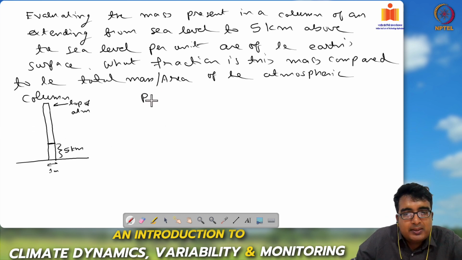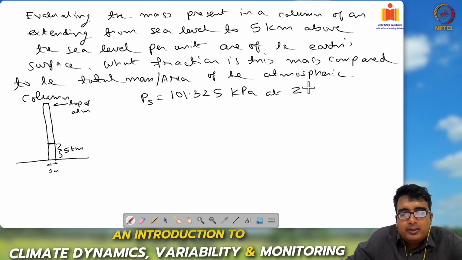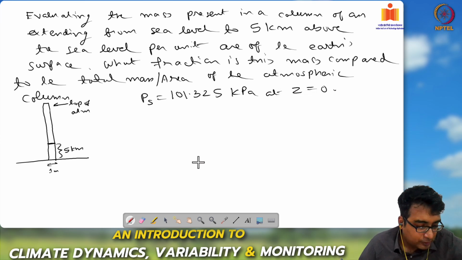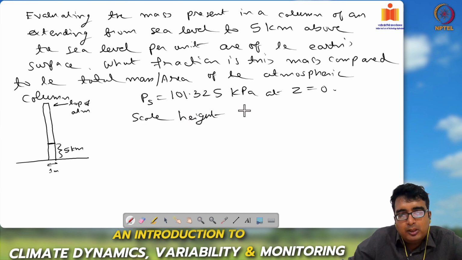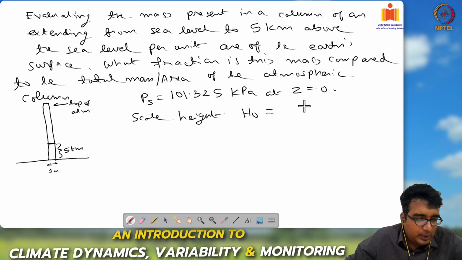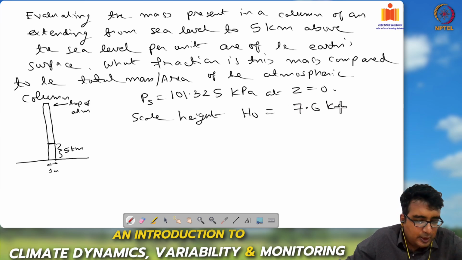Now PS is 101.325 kilopascals. This is the pressure at the sea level, so at Z equals 0. All right. Scale height H0 is 7.6 kilometers. Correct.